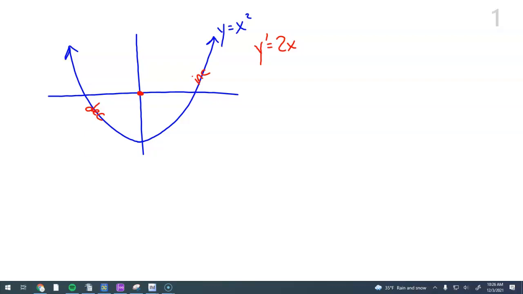Well, doesn't y equals 2x accomplish that? My original graph is decreasing up until 0. So my derivative graph is below the axis up until 0. My original graph is increasing to the right of 0. So my derivative graph is above the axis to the right of 0.